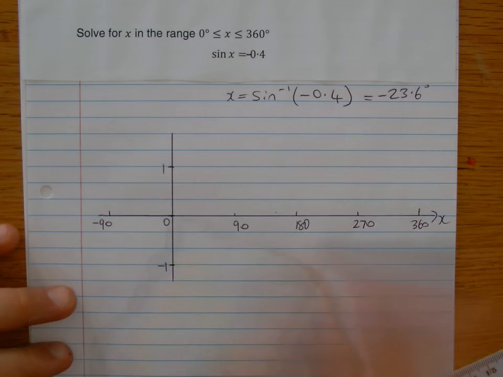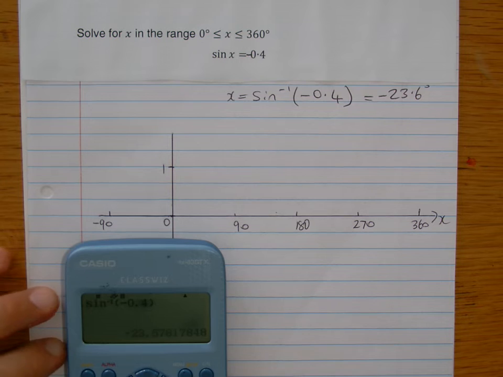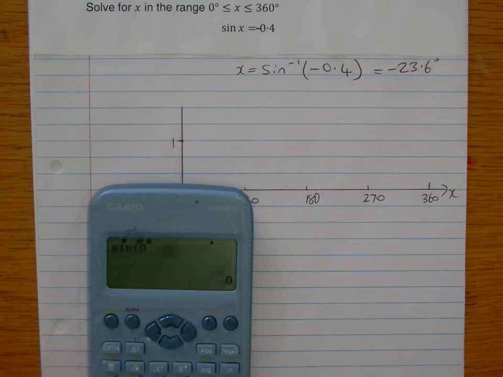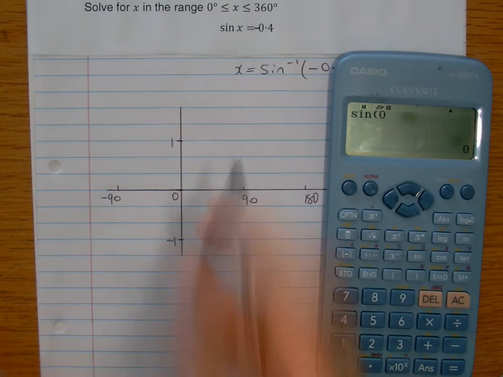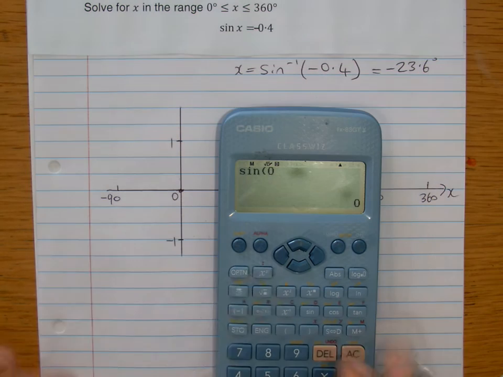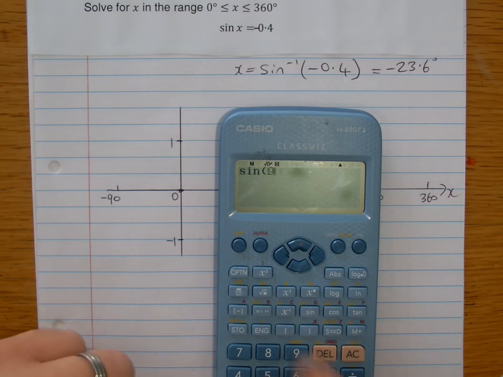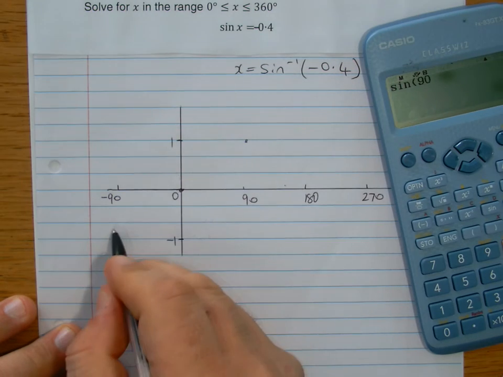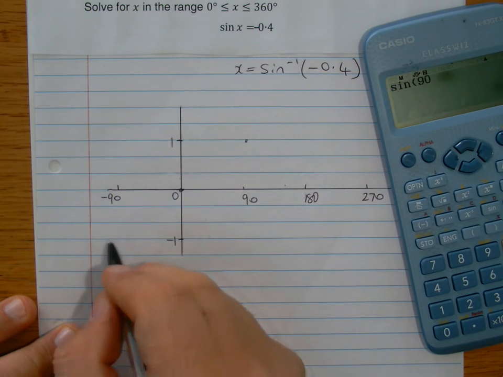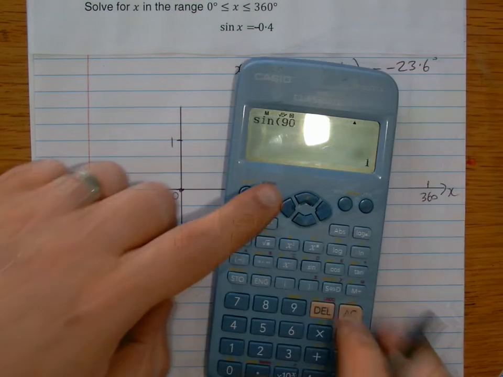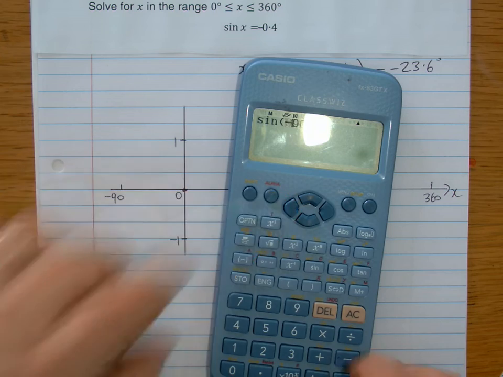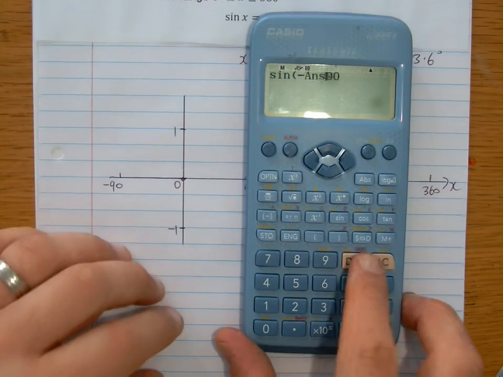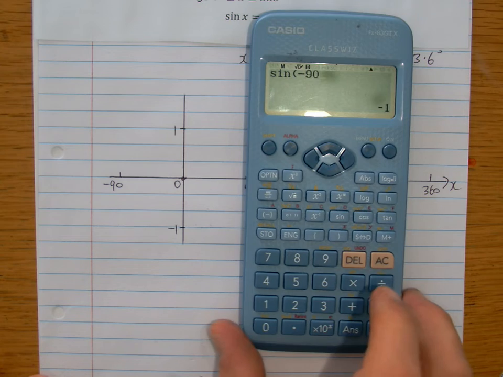Now again, if you remember, you can type in sine 0 to work out what that is. So sine 0 is 0. You could do the same for sine 90. Sine 90 is 1. But because we're going to draw the graph into the negative region as well, we need to type in minus 90, and of course this is going to come out to be minus 1, as you see.